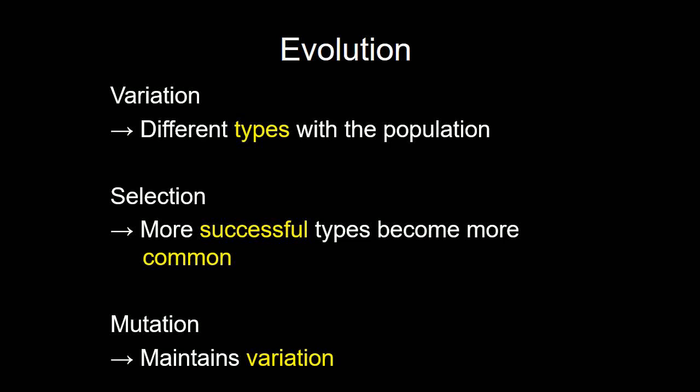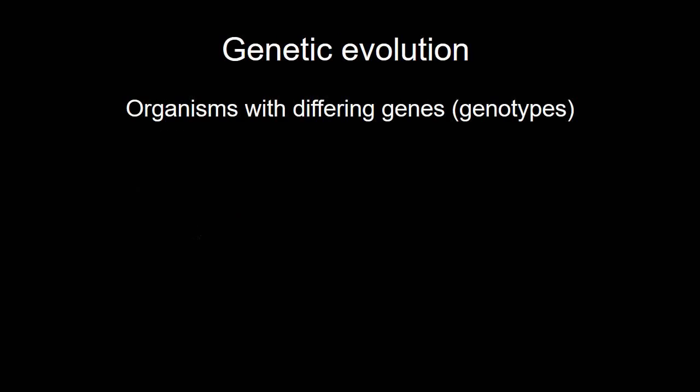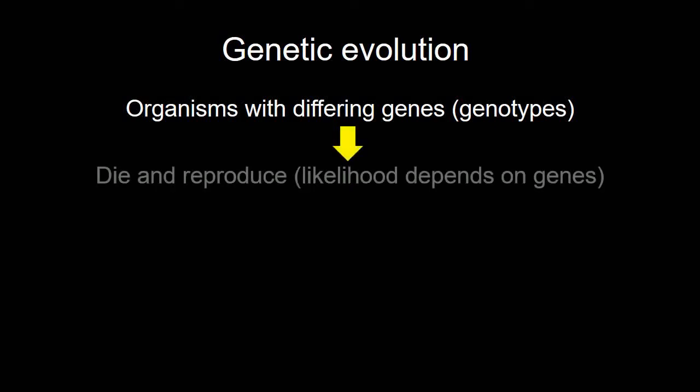There are two fundamentally different ways that evolution can work. The first one is genetic evolution, which is what most people think about when they talk about evolution. The idea is you've got organisms with different genes, which are the types, different genotypes.